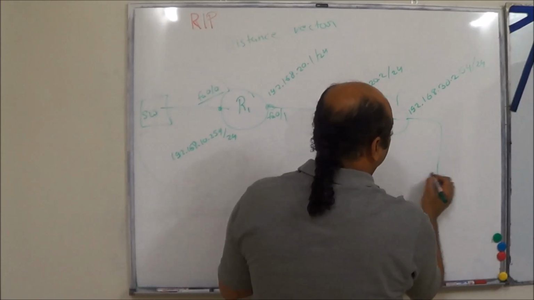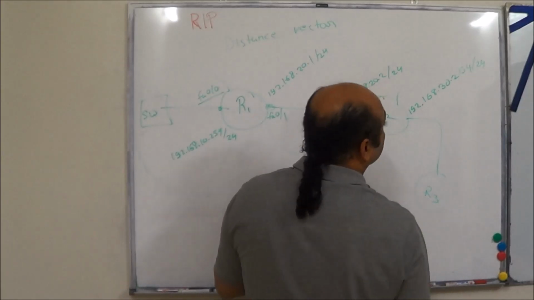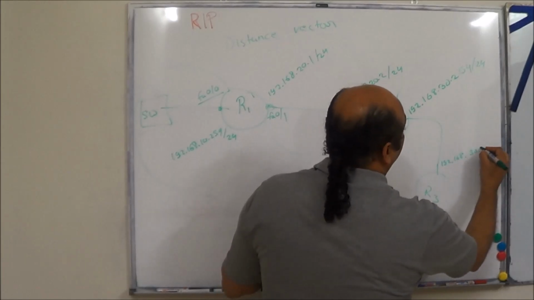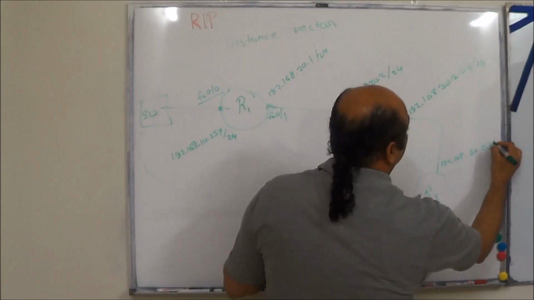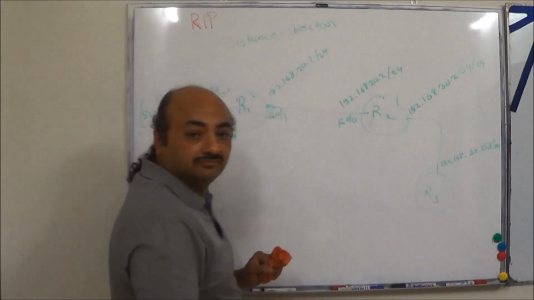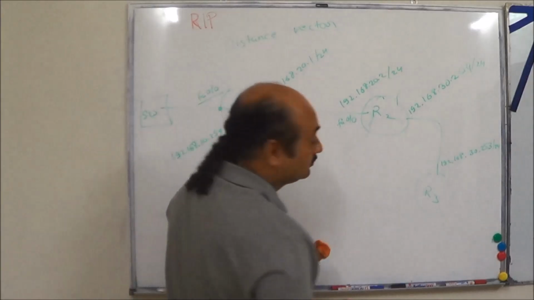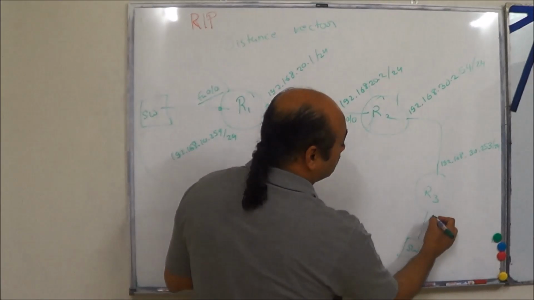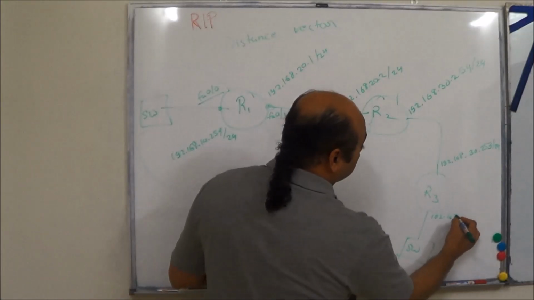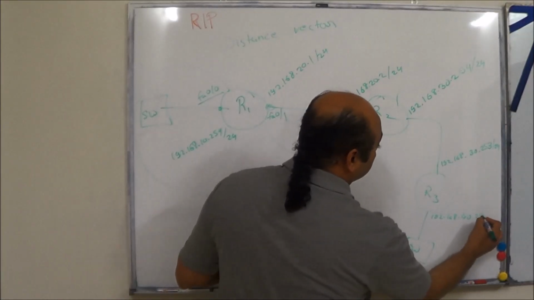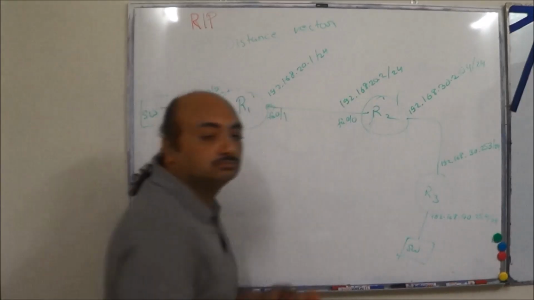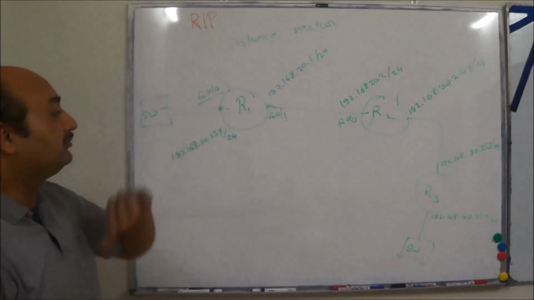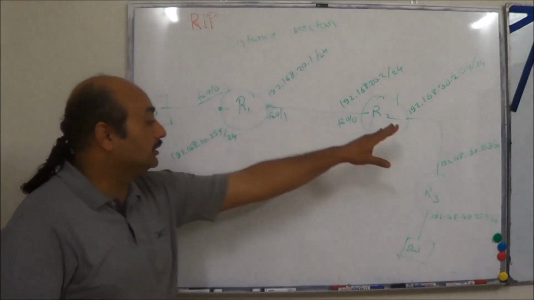Add R3, and let's say 192.168.30.253/24. R3 is connected to a switch, and this is 40.254/24. How many networks? 1, 2, 3, 4.